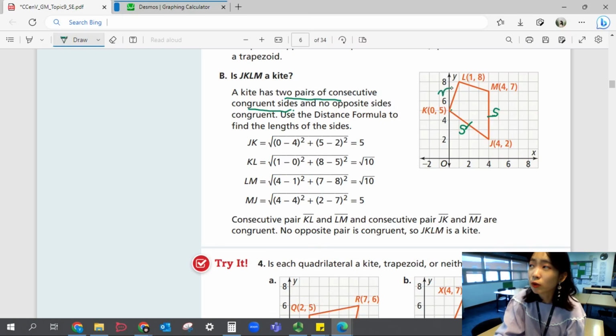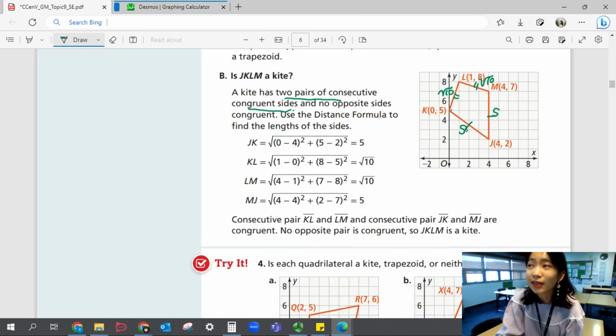KL is square root 10, LM is square root 10, and they are consecutive and congruent. So since both pairs of consecutive sides are congruent to each other, and no opposite pair is congruent, JKLM is a kite.